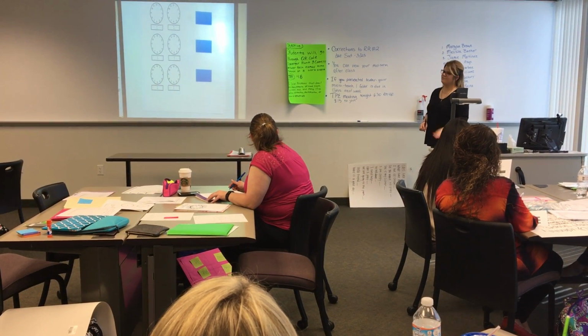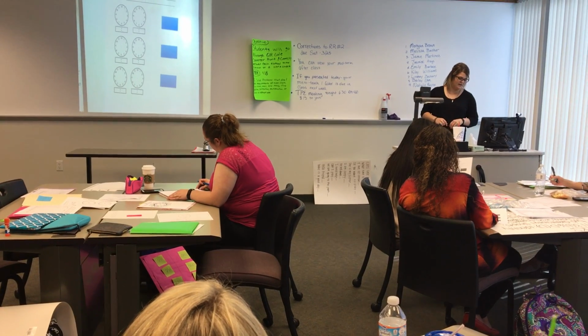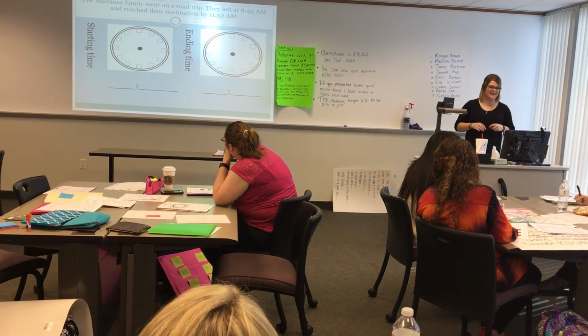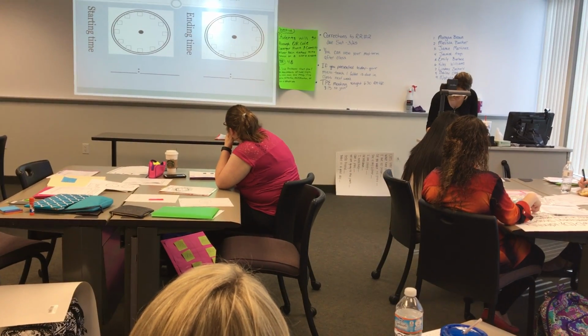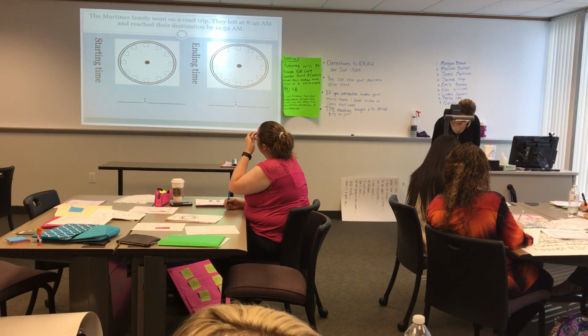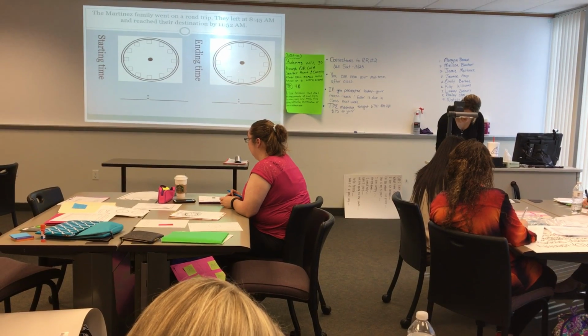Write your example. So it said, Miss Martinez and her family left at 8:45 a.m. and reached their destination by 11:52. 8:45 to 11:52. So we would write it on here.